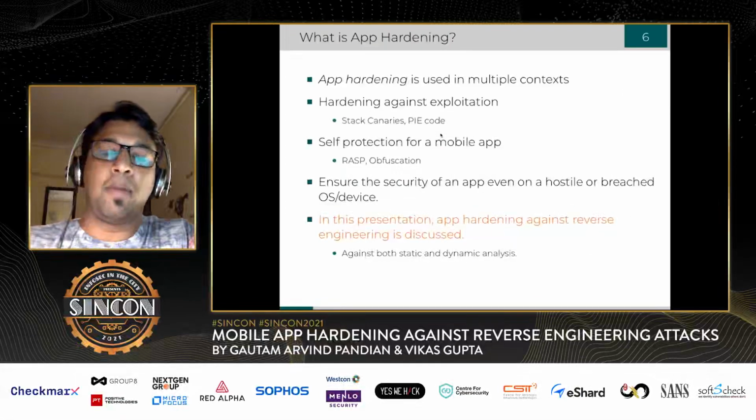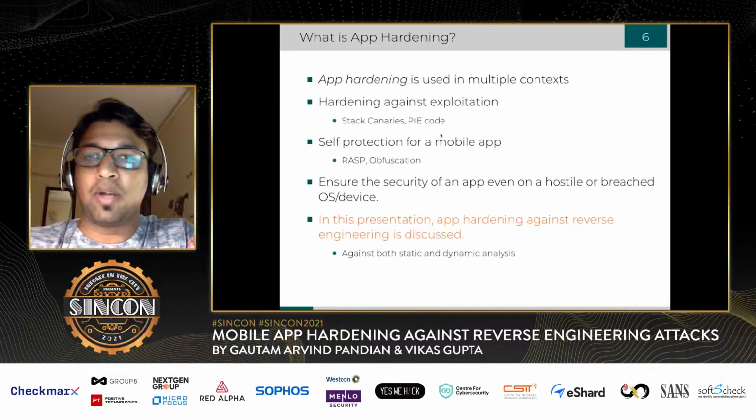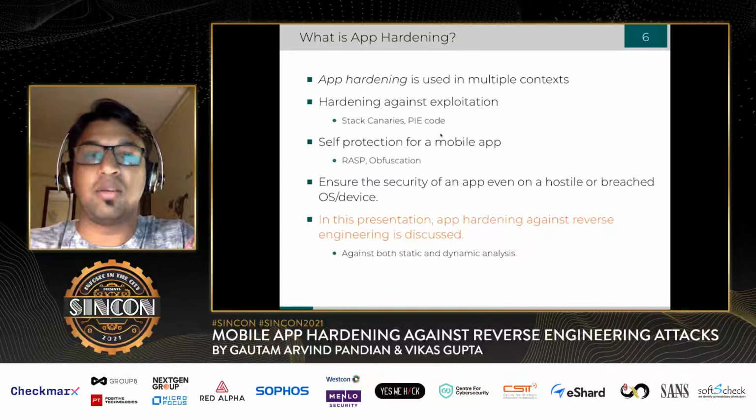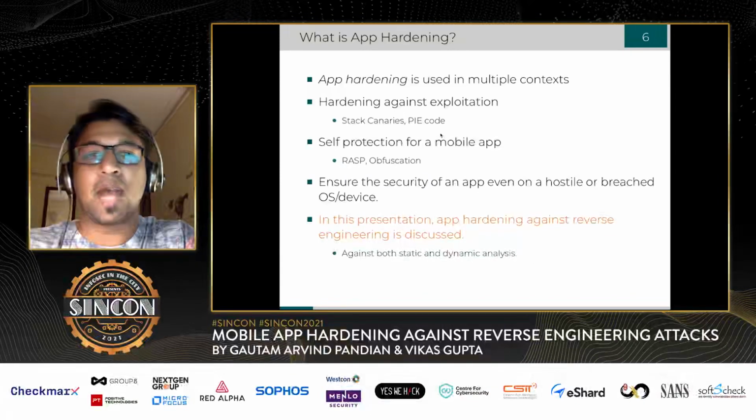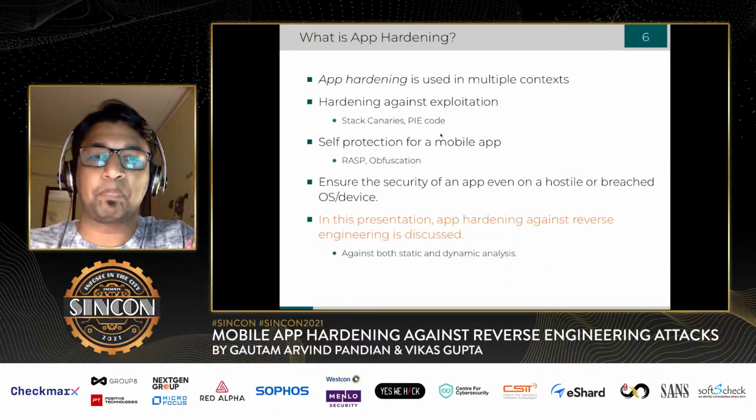So what is app hardening? App hardening can be used in multiple contexts. For example, hardening against exploitation, which includes stack canaries or position independent code. Then in terms of mobile applications, often RASP and obfuscation are used in the context of app hardening.